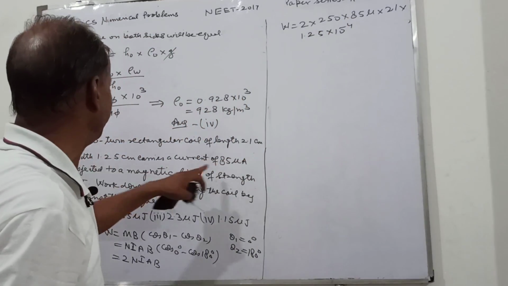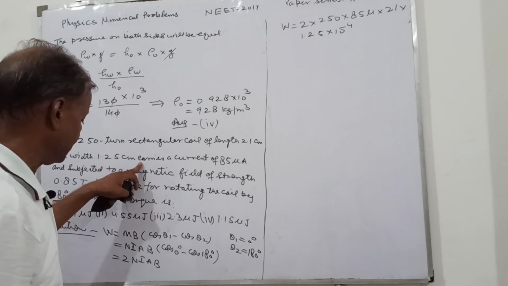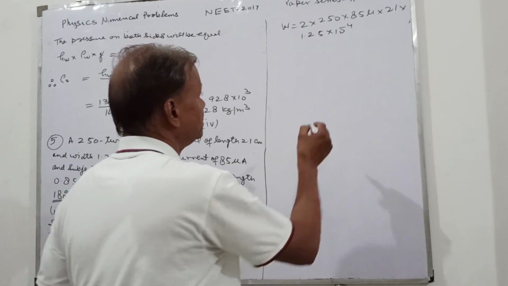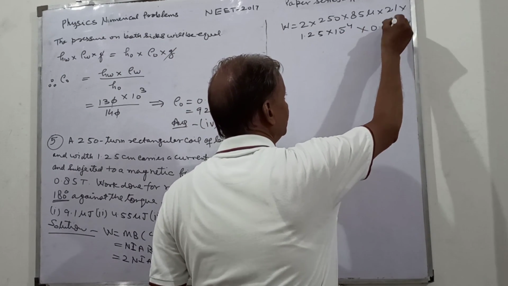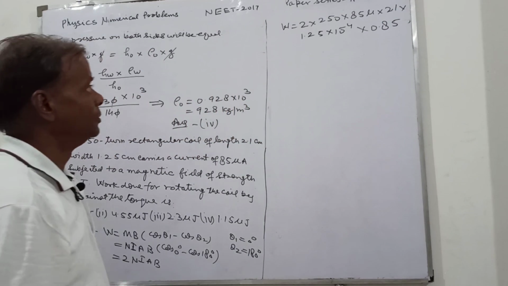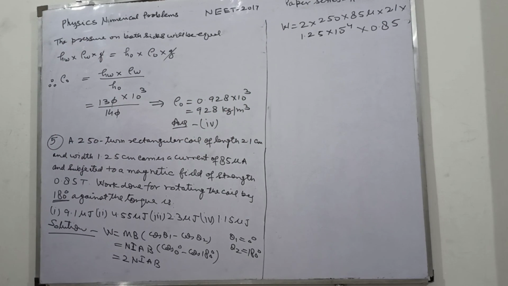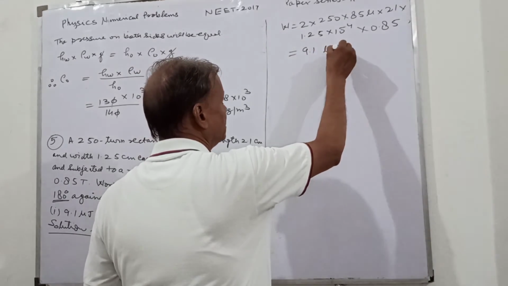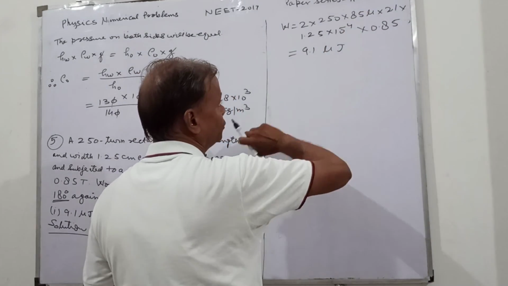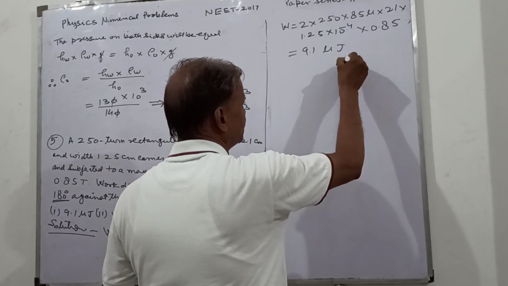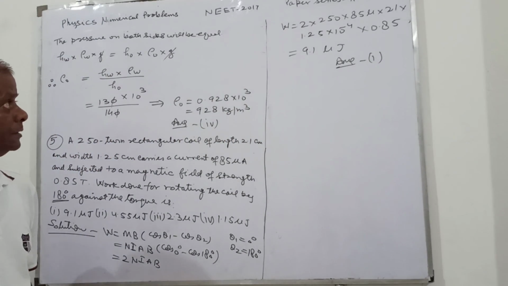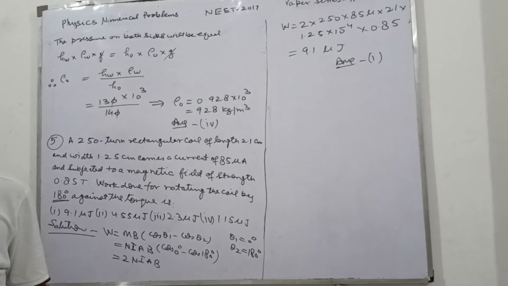But this is given in centimeter, you have to convert it into meter. B is given here, 0.85 Tesla. So you multiply all these quantities and you will find it to be approximately 9.1 microjoule. So our answer is first. Just multiply, you will get this answer.